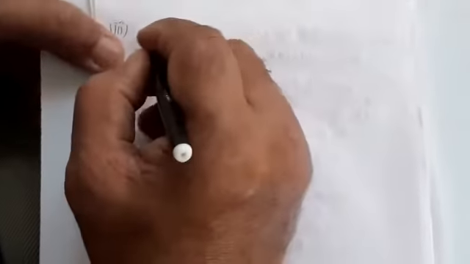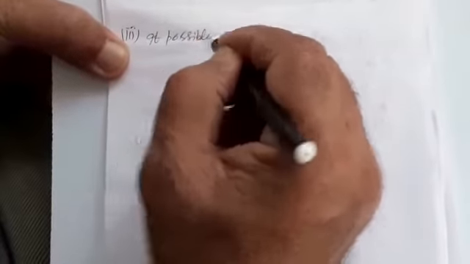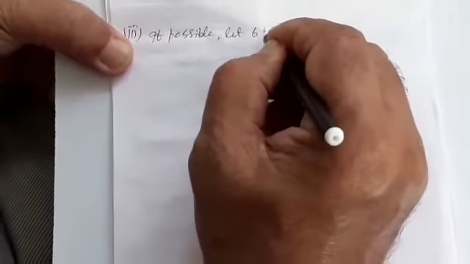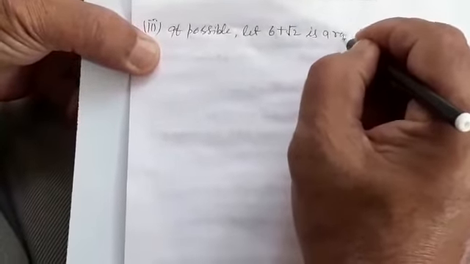Let us move to third part, 6 plus root 2. If possible, let 6 plus root 2 be a rational number.